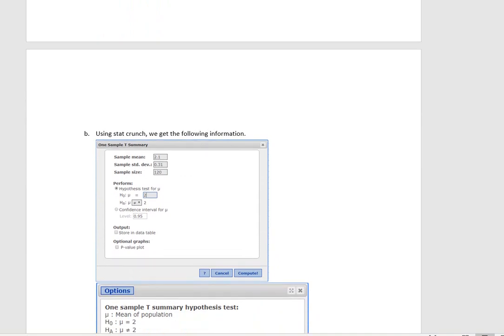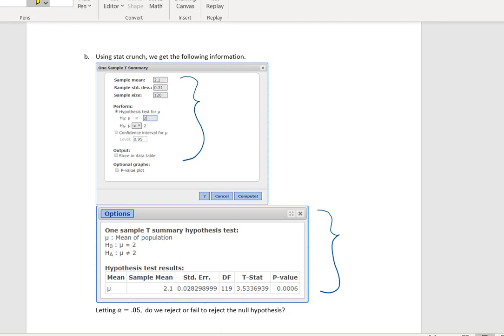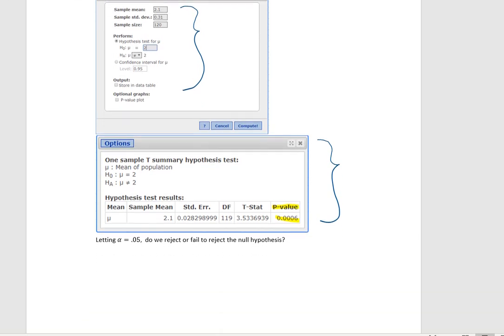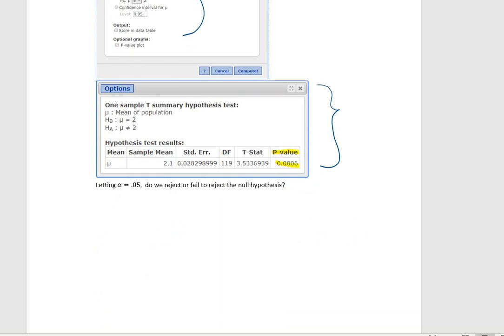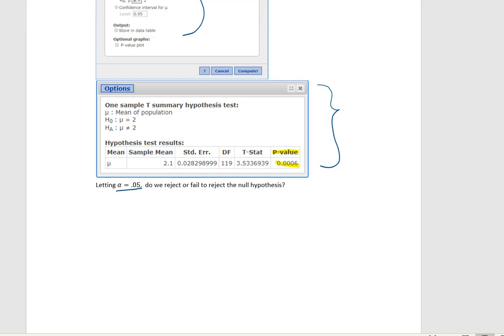So what we do is we go to StatCrunch, and we enter this information. And then we got this output. When we're looking at this output, the key thing that we want to take into account is our p-value. The rules apply just like they did in the previous chapter, chapter 8. So if we let our significance level equal 0.05, do we reject or fail to reject the null hypothesis?